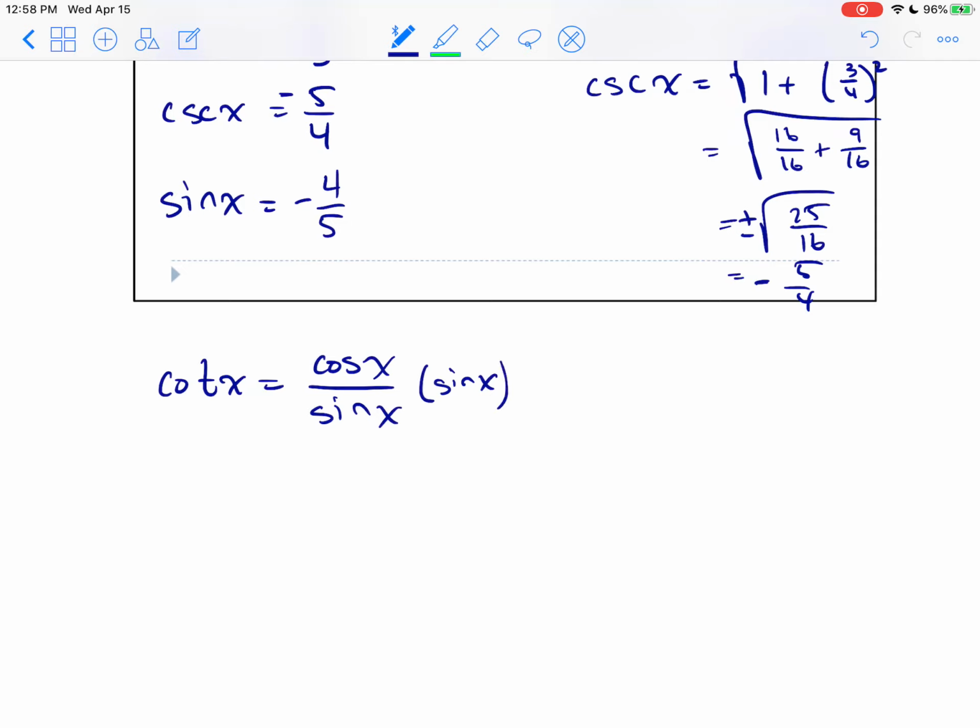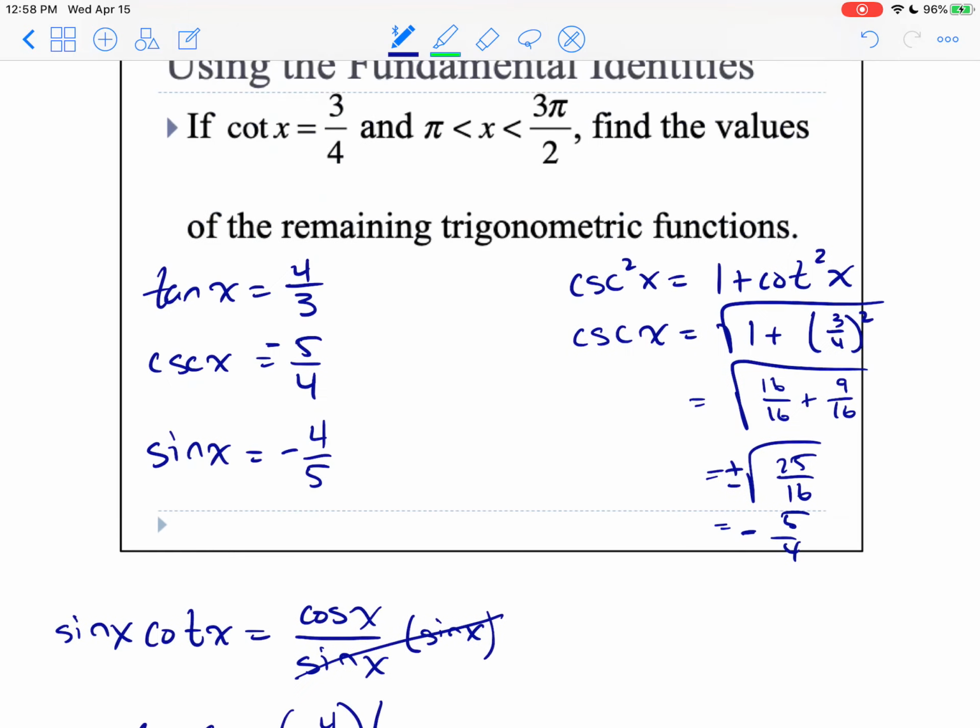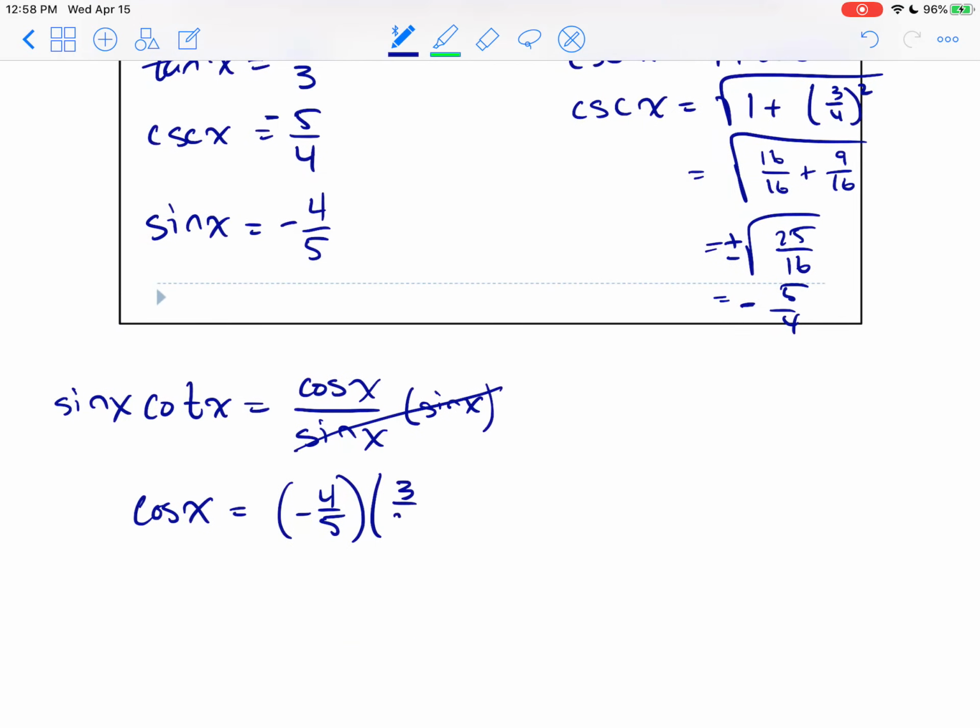So if I just multiply both sides of this equation by sine of x, I have sine of x times cotan of x on one side, and I have cosine on the other. So I have an expression for cosine, and that's going to be sine, which is negative 4/5, times cotangent, which was given as 3/4. Notice the 4's cancel. I'm left with negative 3/5. So cosine comes out to negative 3/5.